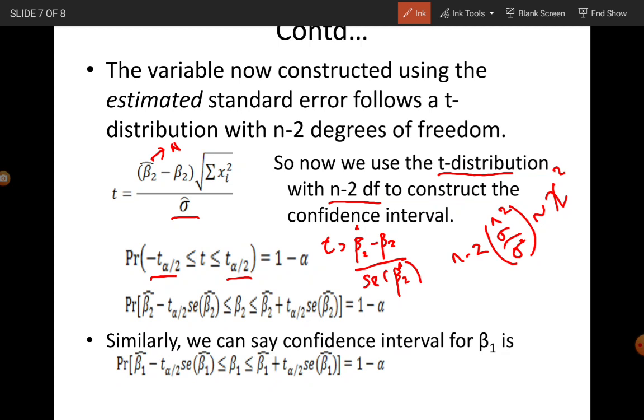If I replace this formula over here, I can adjust it to form this formula for the confidence interval of the true population parameter beta 2. So with 95% confidence level, I can say that this interval may contain the true population parameter beta 2. Similarly, I can construct a similar interval for beta 1 as well.